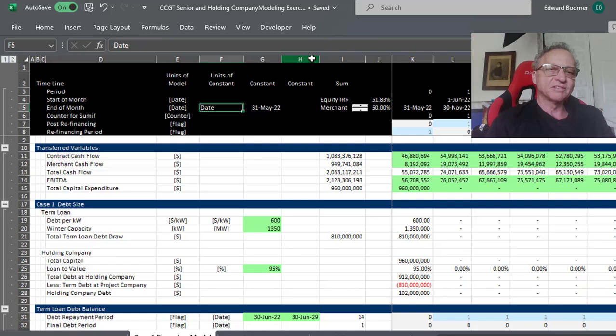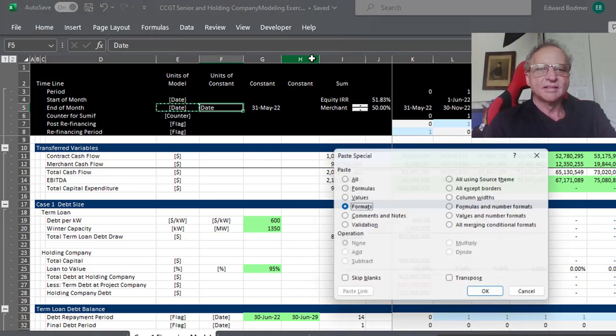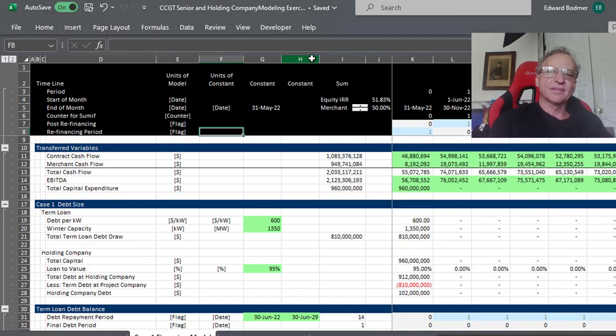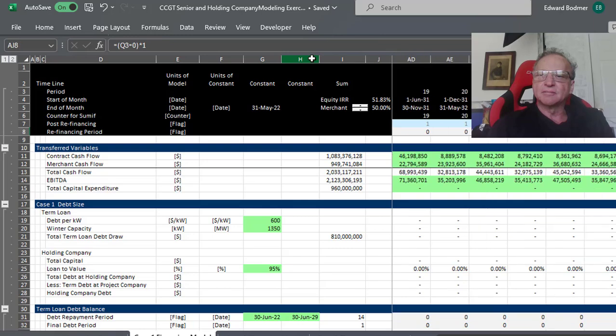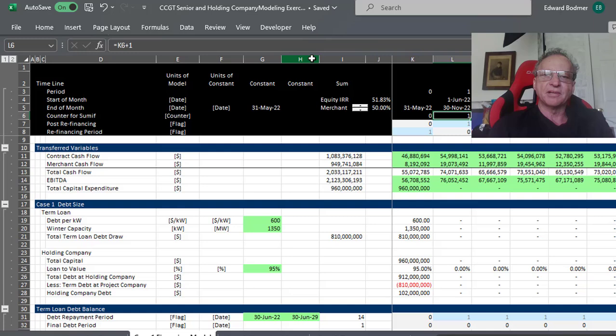I can't press Shift-Control-D because of this. Can I do that? Okay. And we get this. The big trick here is to put a refinancing. Just a minute. Oh, I used this one. I used this one up here.